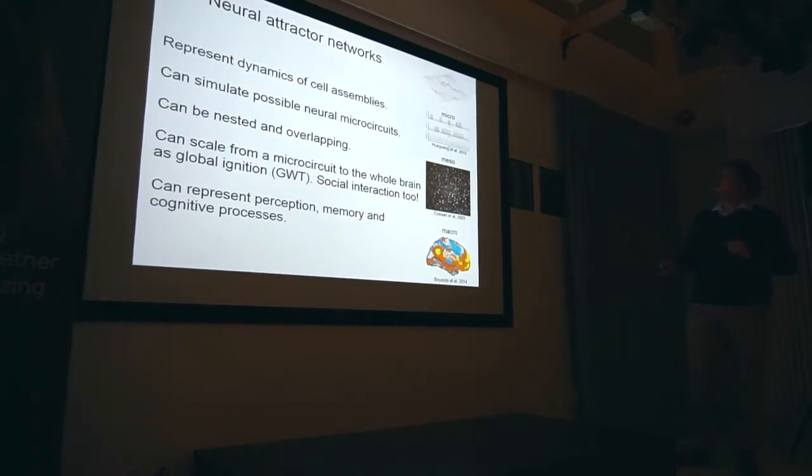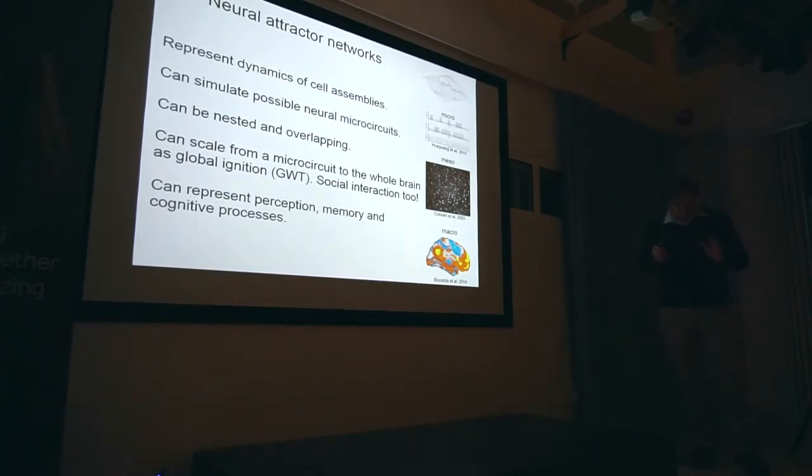For example here, but it can actually happen in the neocortex. It can happen at many scales. It can represent the dynamics of neural assemblies, and it can be used to simulate how possible hypothesized neural microcircuits work. It can be nested and overlapping.